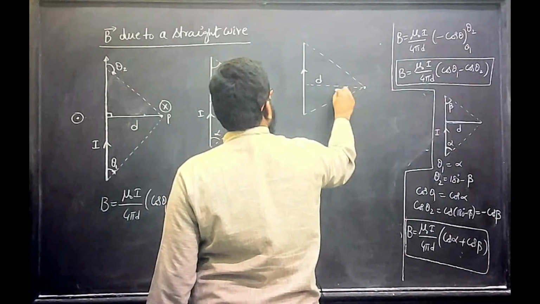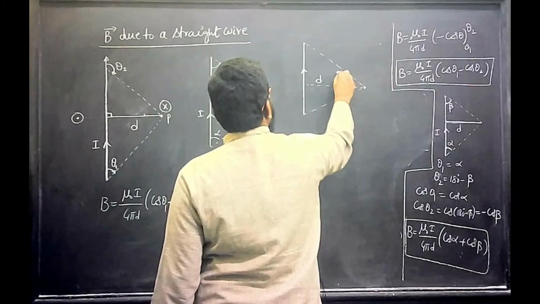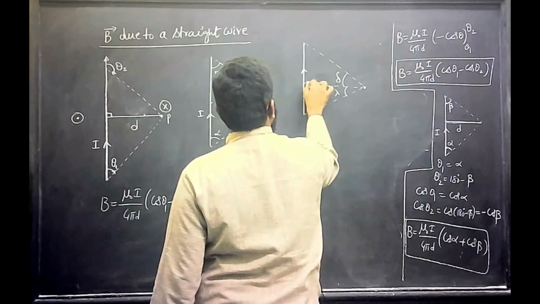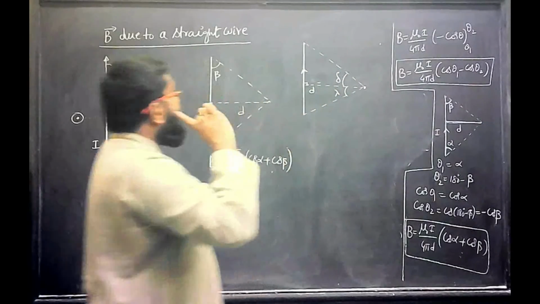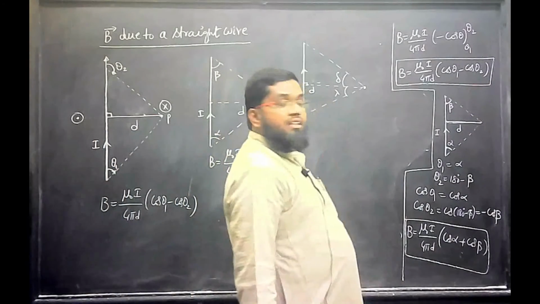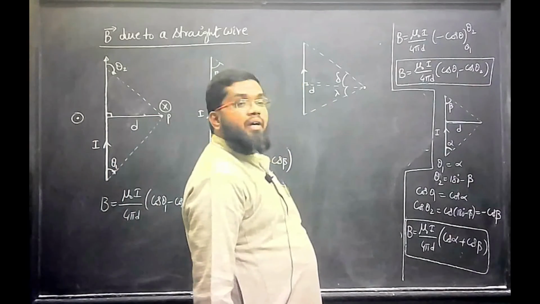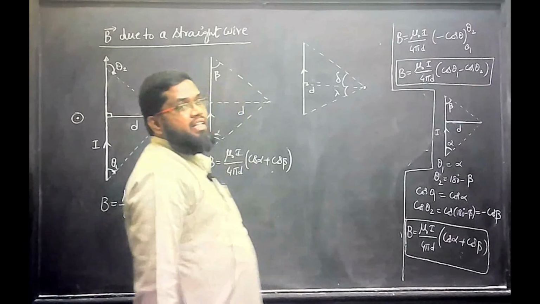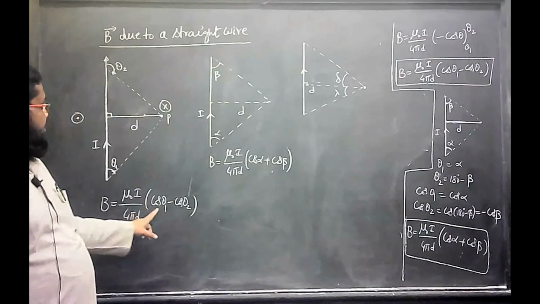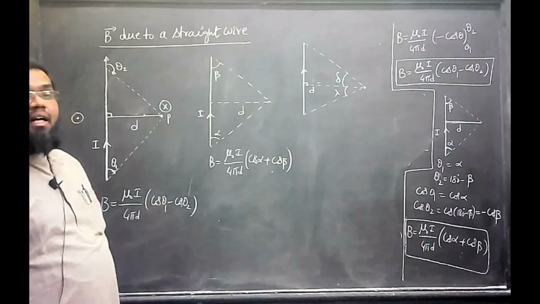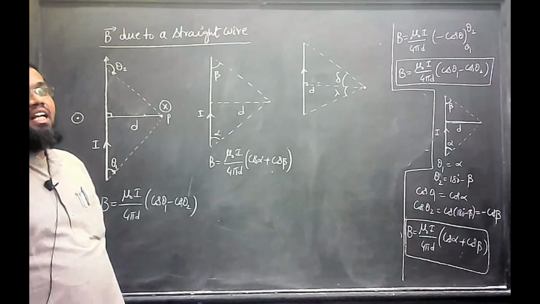Let us say this angle is some lambda, this angle is some delta, and the distance is d. Then alpha plus lambda becomes 90 again. So alpha is equal to 90 minus lambda, and cos of 90 minus lambda is sin lambda.